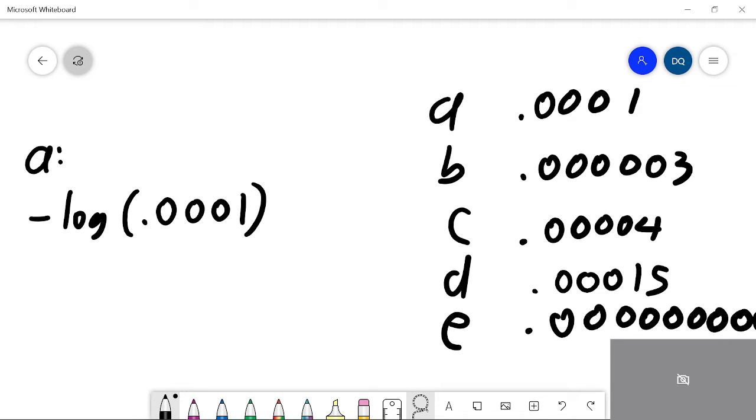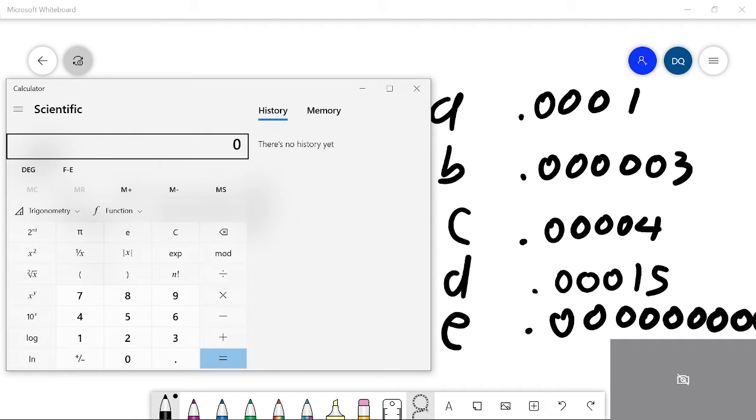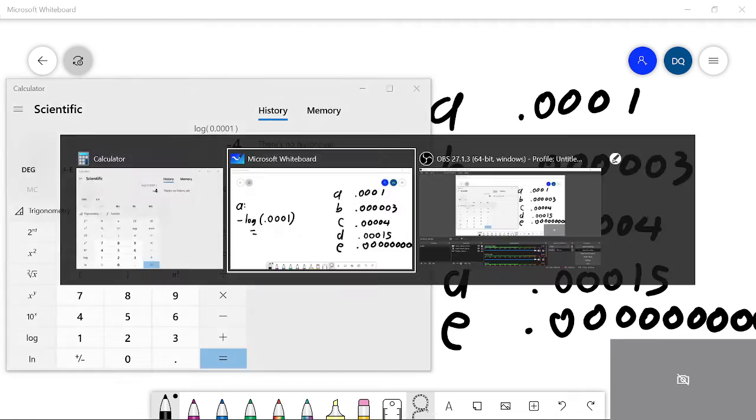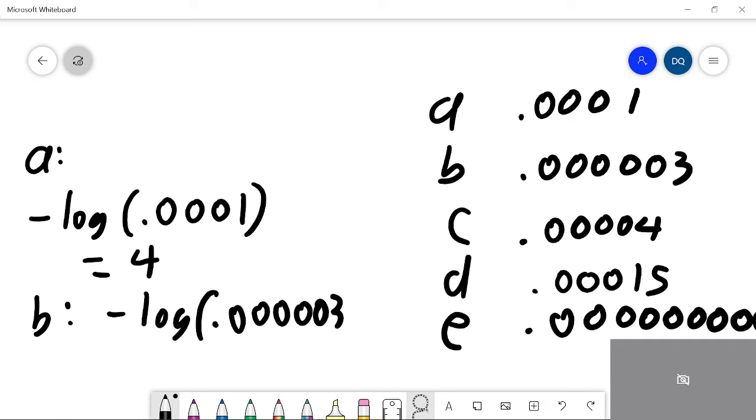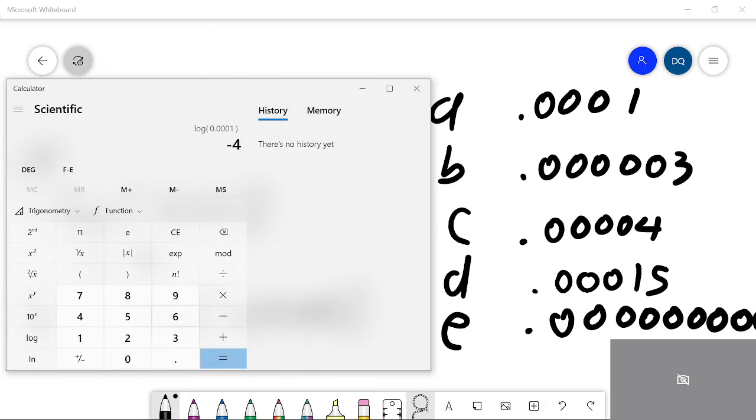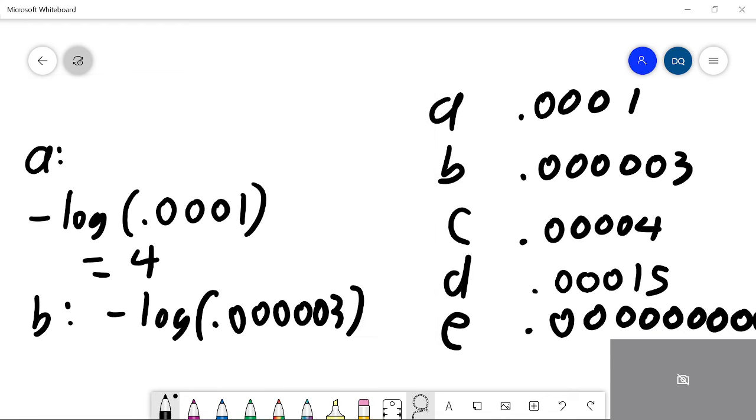0.0001 is 4. For number B, the negative log of 0.000003 is 5.5.